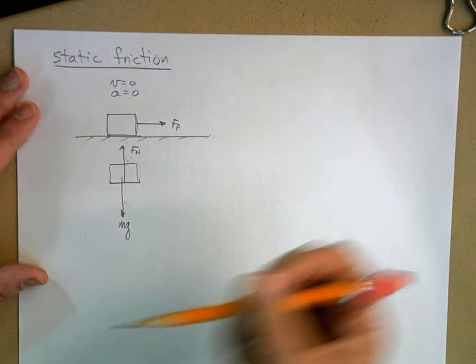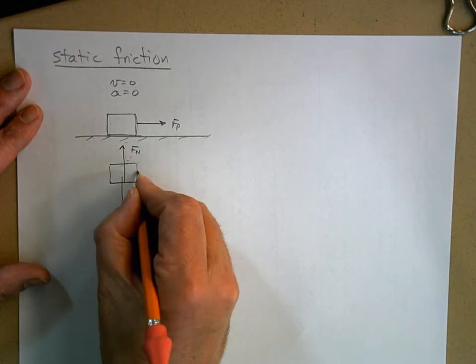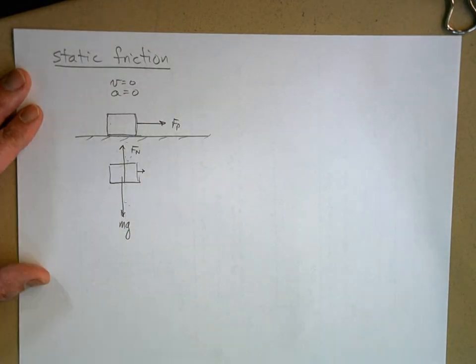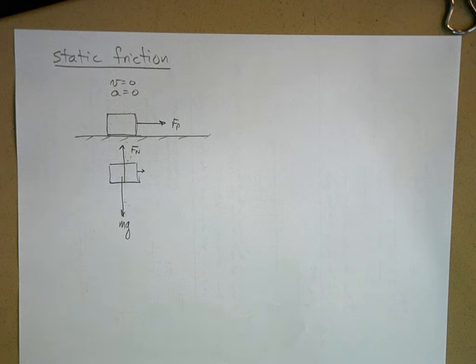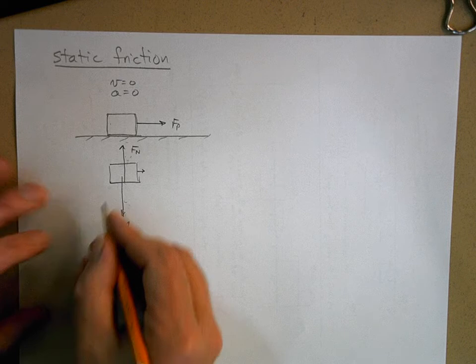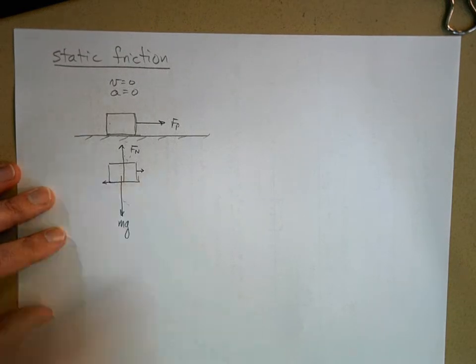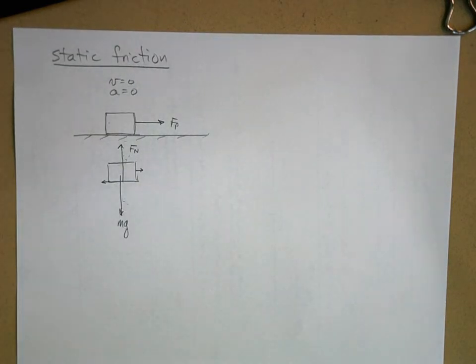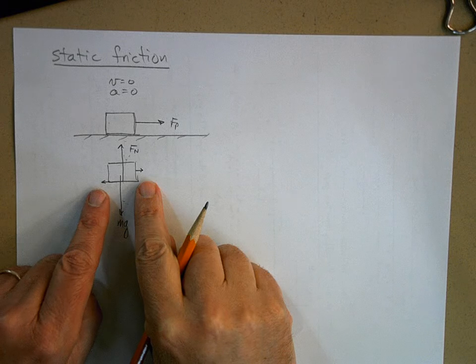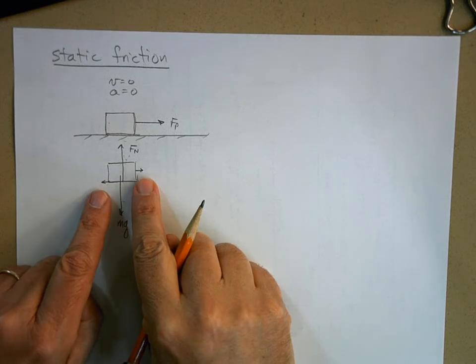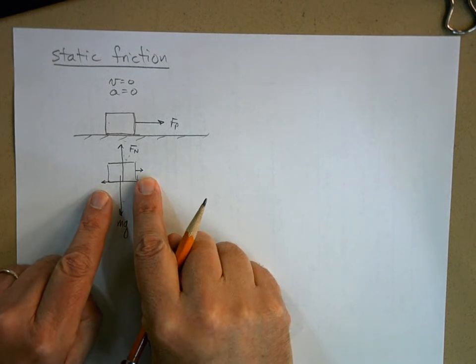But now let's say I barely pull on it. Little tiny pulling force. Well, what's my friction going to be? Little tiny baby friction. All right? Because if the acceleration is 0, what has to be true between the pulling force and the force of friction?